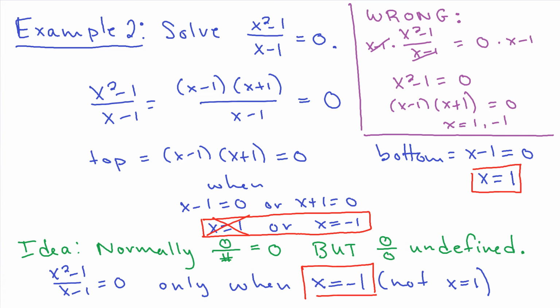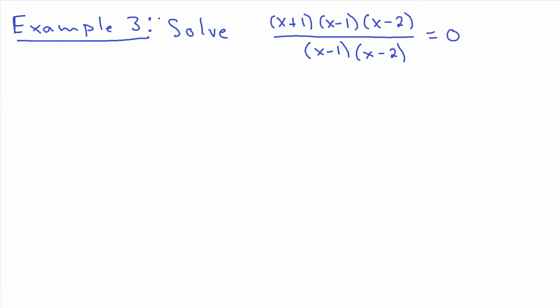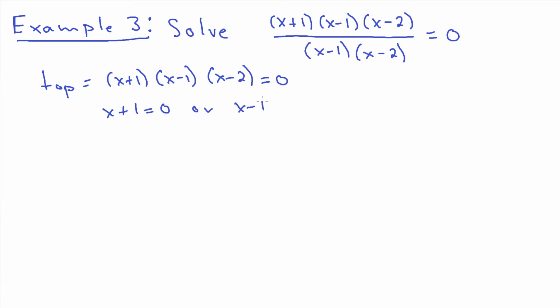Okay, let's see another example. So let's say that we want to solve this expression, and I factored it already for you. In this expression, if we look at the top, this is x plus 1 times x minus 1 times x minus 2, and that's equal to 0 when x plus 1 is 0, or x minus 1 is 0, or x minus 2 is 0.